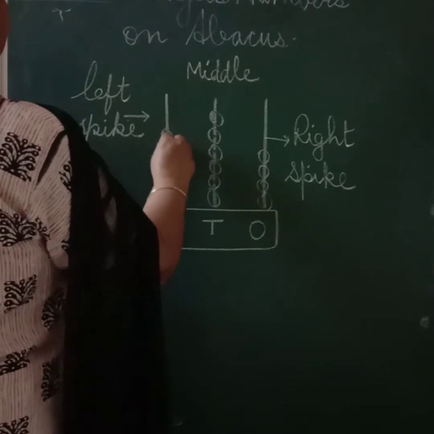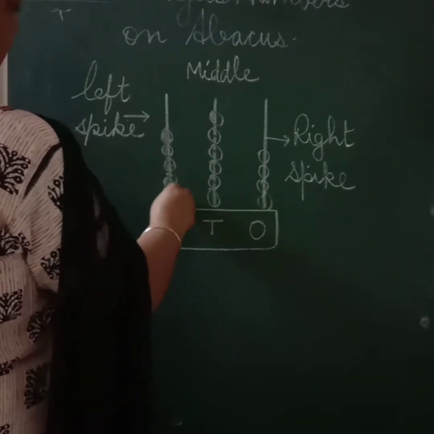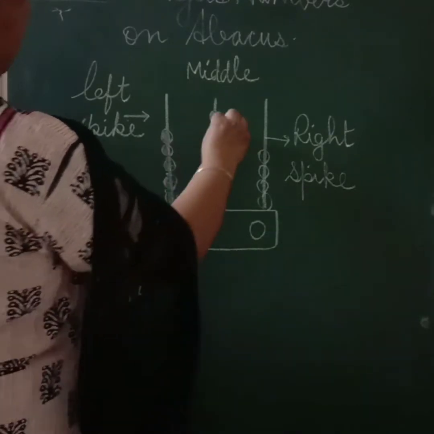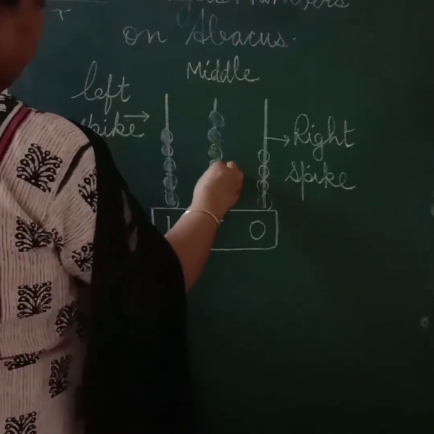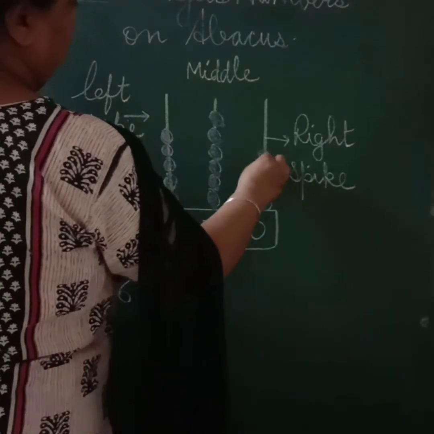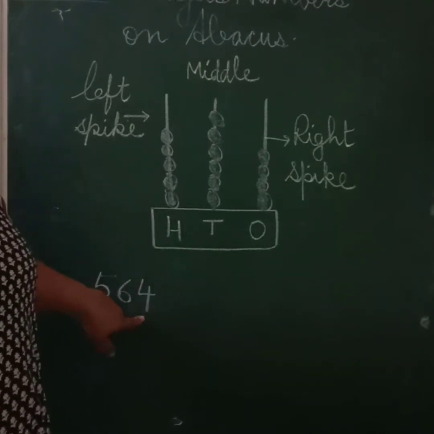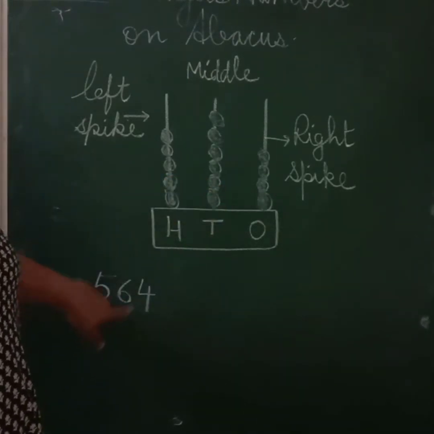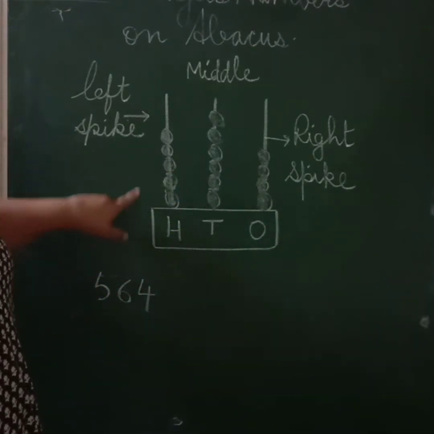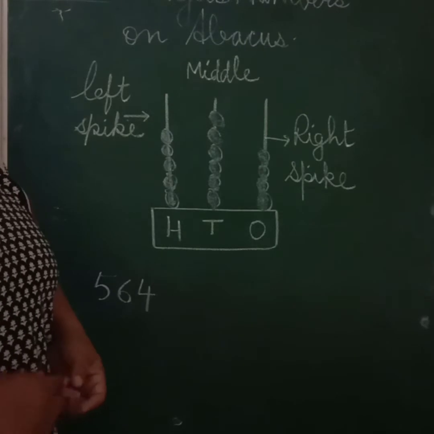You have to color the beads. So this is the representation of numbers on the abacus: 4 ones, 6 tens, 5 hundreds.